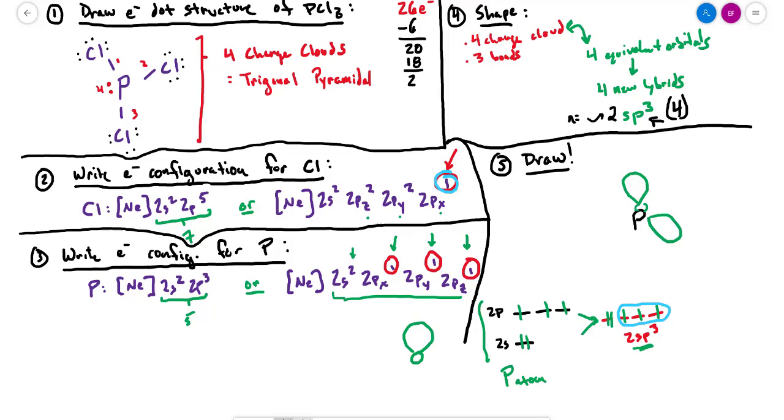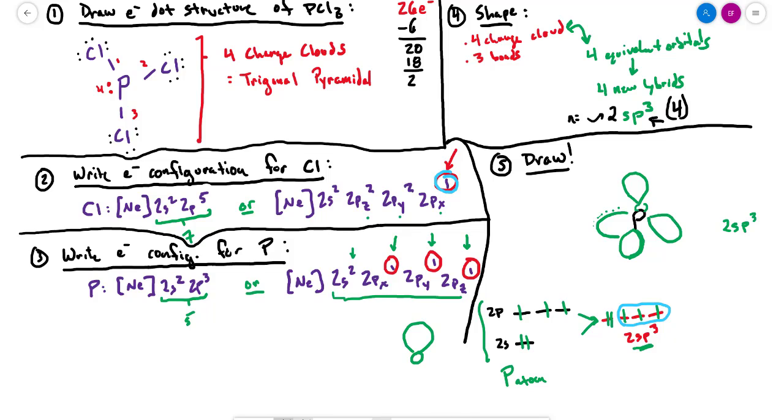All of these 3 would be in the plane. We'd have one coming out of the plane, so maybe I'll bold this side to make it look like a wedge. So it's coming out of the plane, and then we'd have one coming back here, and I'll dot that one because that's the one that's going in the back of the plane. So these green here are the sp3 orbitals, the 2sp3 orbitals to be specific.